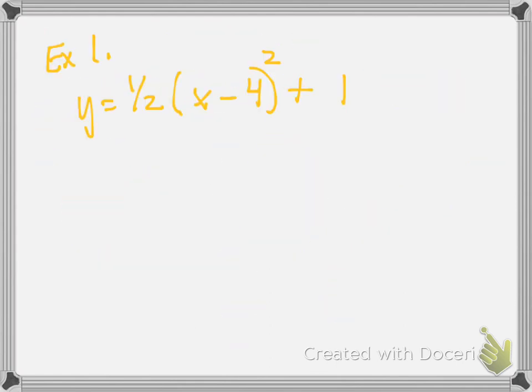What you should be able to do after this lesson is look at this graph and find the vertex. The vertex would be positive 4, or it moves to the right 4, and it moves up 1 in the y direction. So that's your vertex. Right 4, up 1.